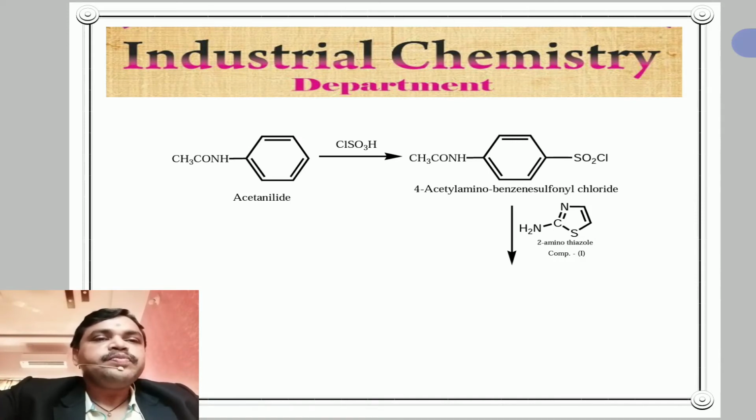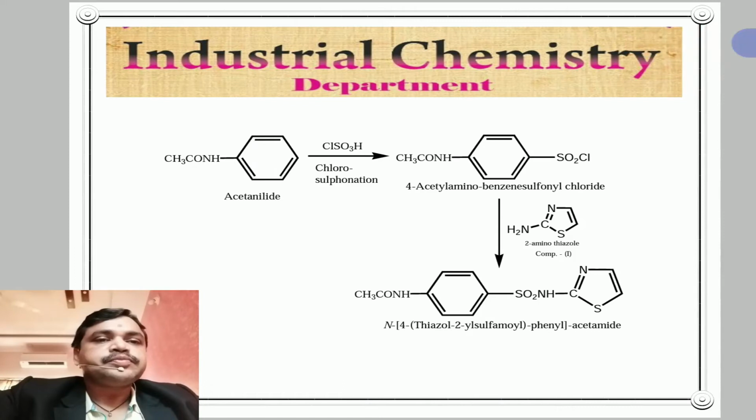So the reaction between 4-acetylamino benzene sulfonyl chloride and 2-aminothiazole gives N4-thiazol-2-yl sulfonyl phenyl acetamide.